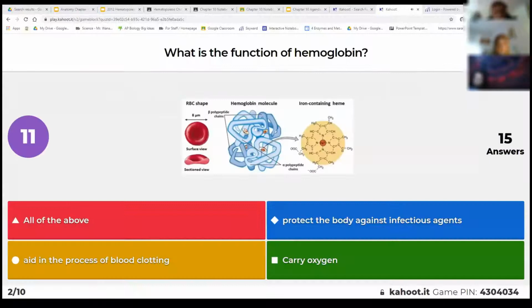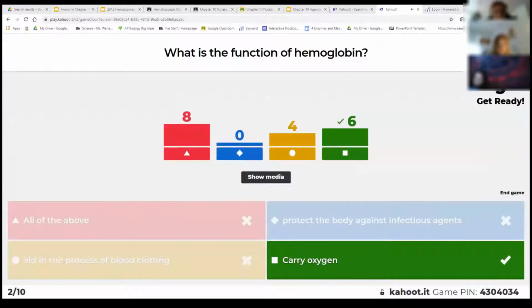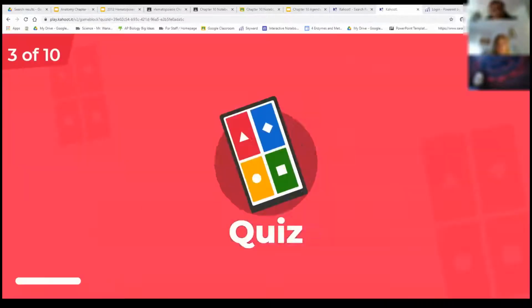Red blood cells carry... If you're stumped at the beginning, you might look at the pictures. They should be helpful to you. Function of hemoglobin.